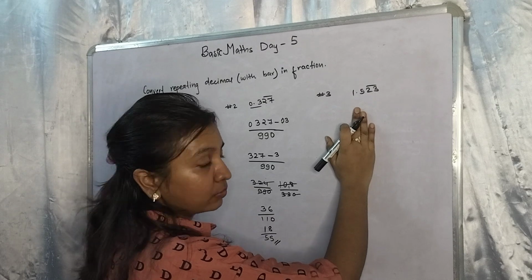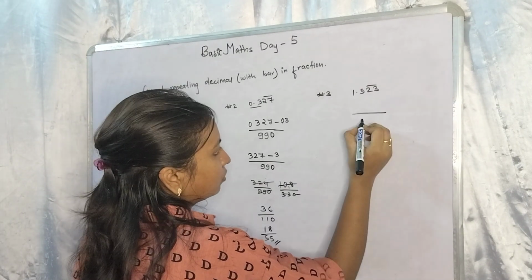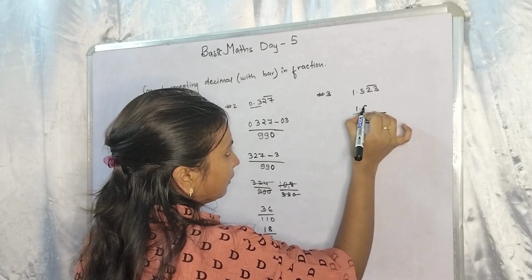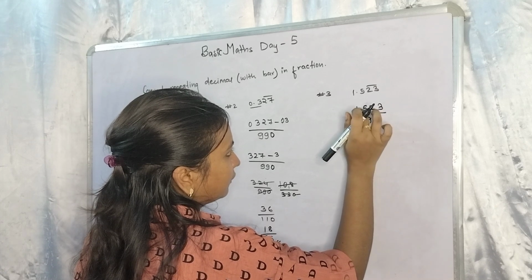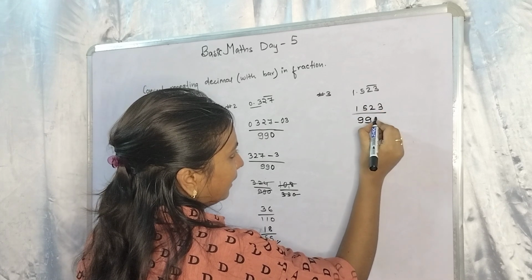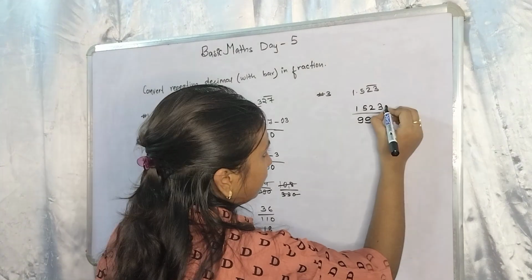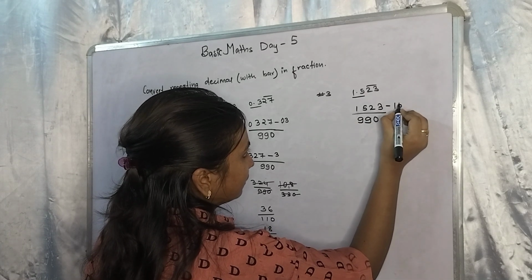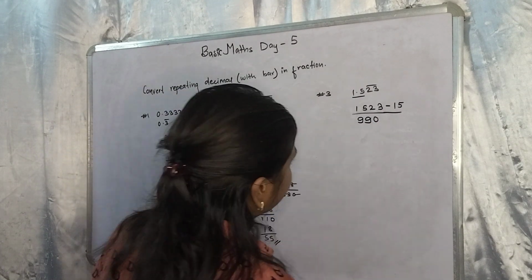See, first, 99 will help us to remove this bar. So now we have 1.523. But to remove this point, we will add one 0. Understood? Now, we need to also subtract the two number with the main number. So there are three rules.